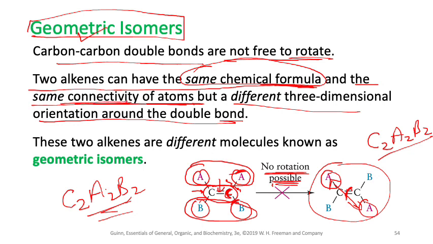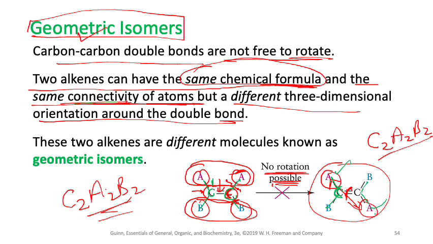And the same connectivity. If you can see over here, carbon 1 is connected with A and B, carbon 2 is connected with A and B, same thing. On the second structure, where you have A in the opposite direction, again carbon 1 is attached to A and B, carbon 2 to A and B, same thing.